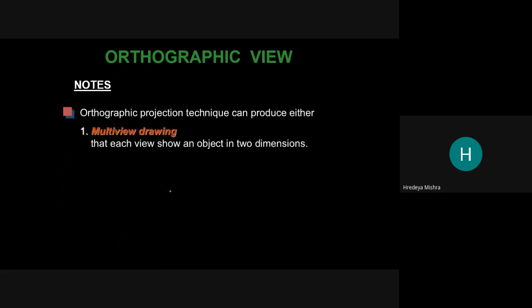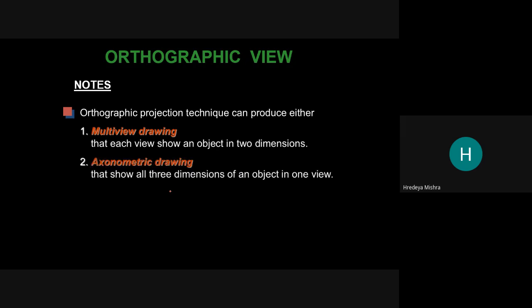Now these are the important notes about the orthographic view. Orthographic projection technique can produce either a multi-view drawing, in which each view shows an object in two dimensions, or an axonometric view.